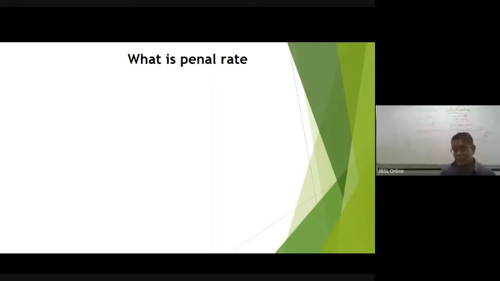So that means, suppose you are supposed to pay 100 rupees today. Now 1 month has gone and you have not paid, not settling the loan. So I will charge an extra rate, an extra charge apart from your interest, for that 100 rupees only. That is what you call a penal rate.